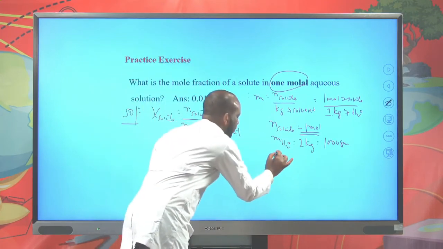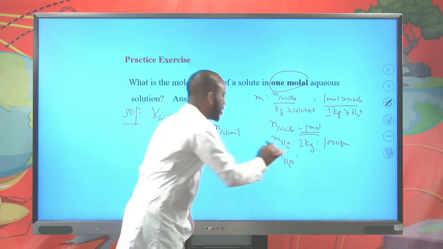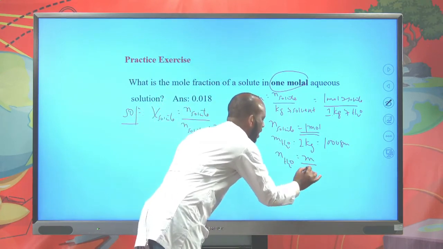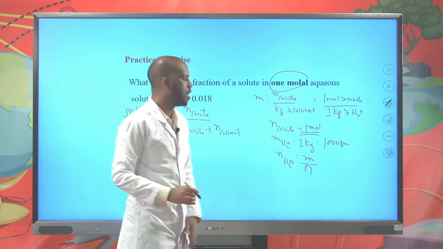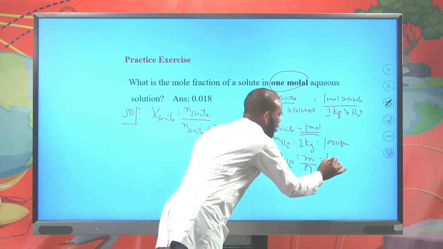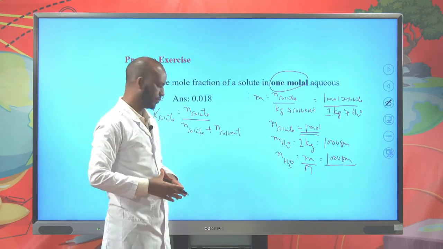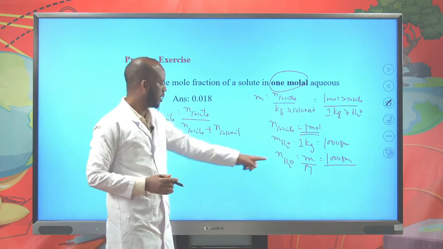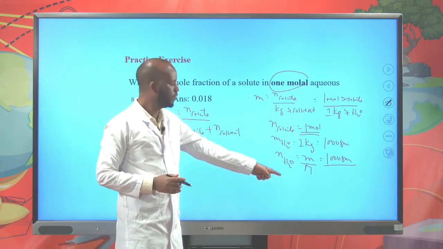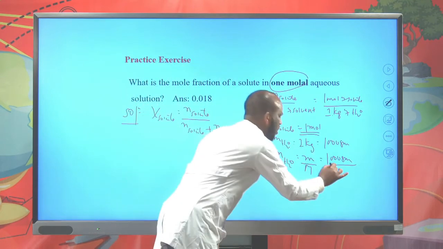Number of moles of water equals mass of water divided by molar mass of water. Mass of water here is 1,000 gram, divided by molar mass of water. Molar mass of water: hydrogen, 2, plus oxygen, 16, is 18 gram per mole.